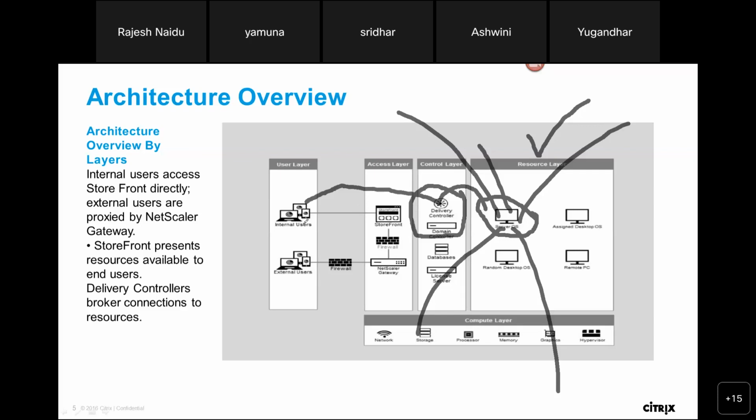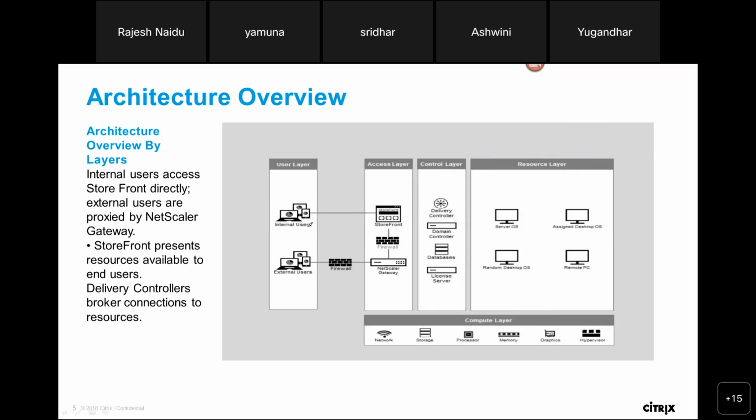Here the main challenge is that the delivery controller has an inbuilt load balancer. If you have multiple servers, the request will be bypassed like this. But StoreFront does not have any load balancer.